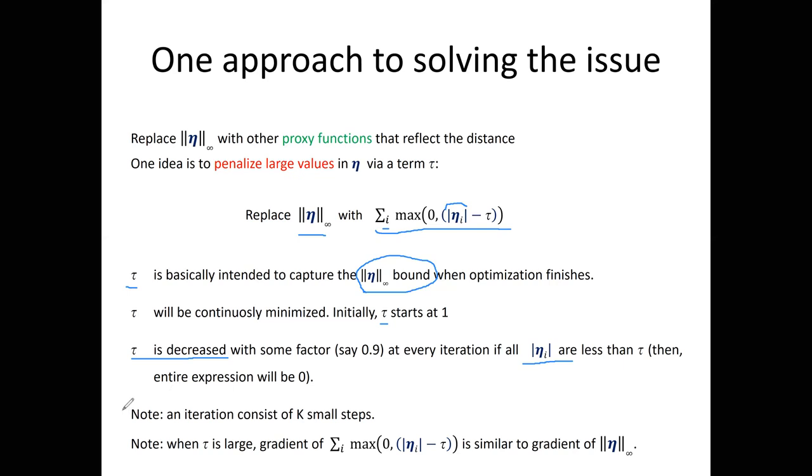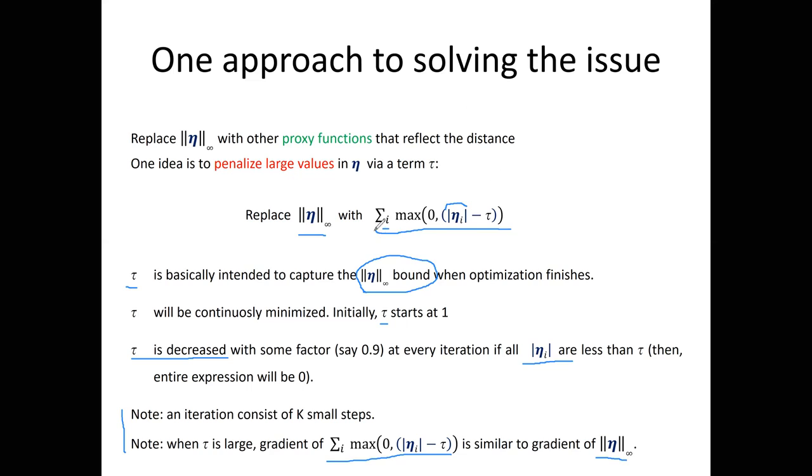Here are a couple of notes that we're going to clarify on the next slide. In fact, under certain conditions, the gradient here is the same as the gradient of the L infinity norm, especially when tau is large. To see some of these issues, let's see how this works on an example.